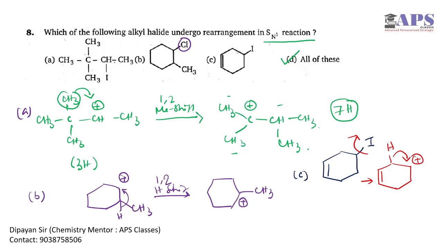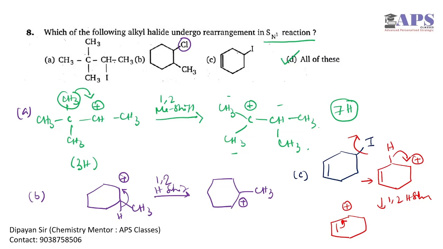Again, this hydride can shift by 1,2-hydride shift, and this type of carbocation is formed which can rearrange itself to form a more stable carbocation. So there is some rearrangement, and the answer is going to be all of these, option D.